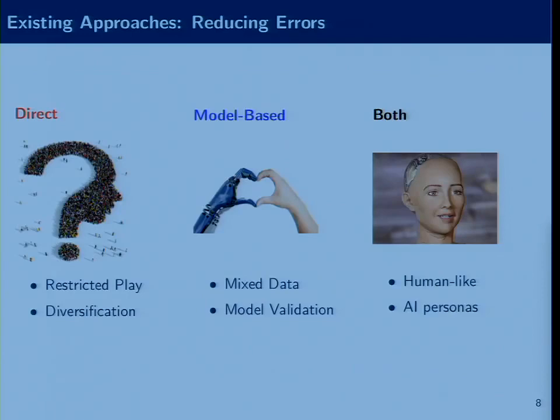But we've actually been looking at related work that has been approaching these potential misalignments. And what we mainly found is that research tries to focus on reducing the error, or reducing this misalignment. So for the direct approaches, remember if you use the data directly, here are two examples of what has been done.